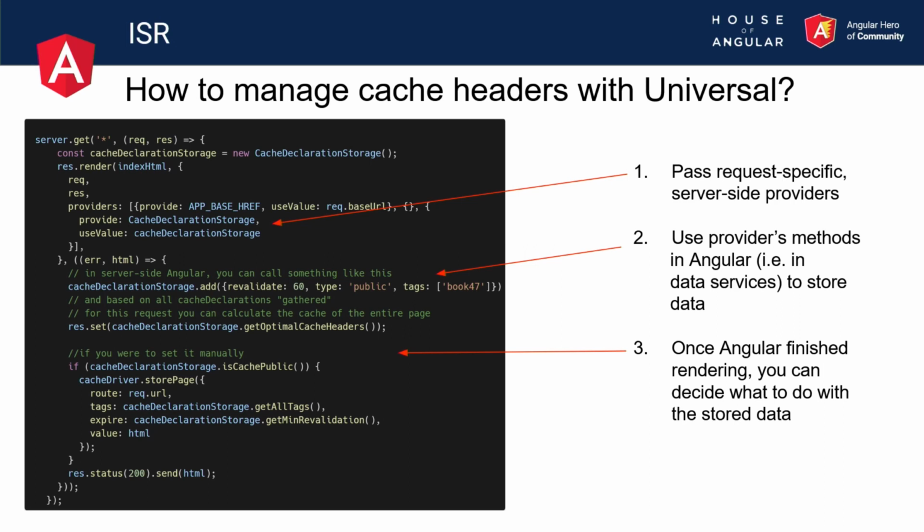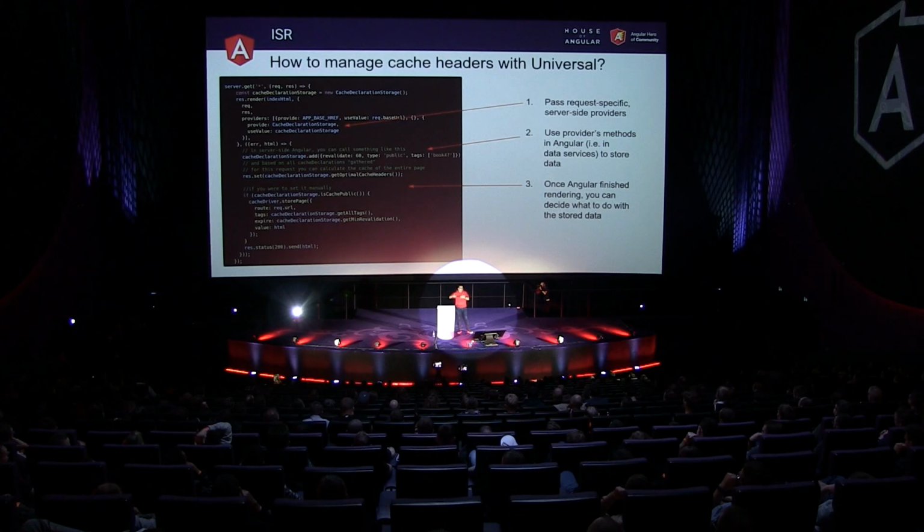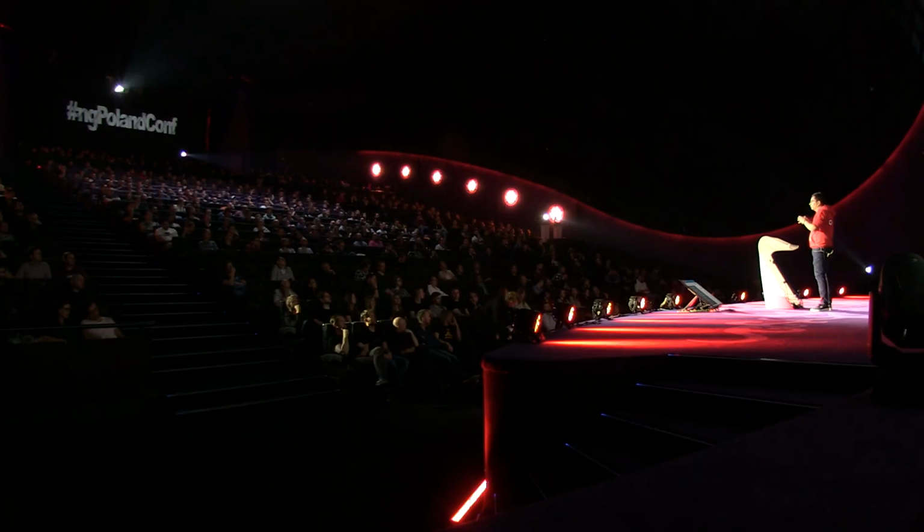And that object I'm passing as a provider. In server-side Angular, I can mutate this object, use methods on that object to push some information into it. And once server-side rendering finishes, I still have that object, so I can act on all the information stored to return proper headers for the CDN to understand.